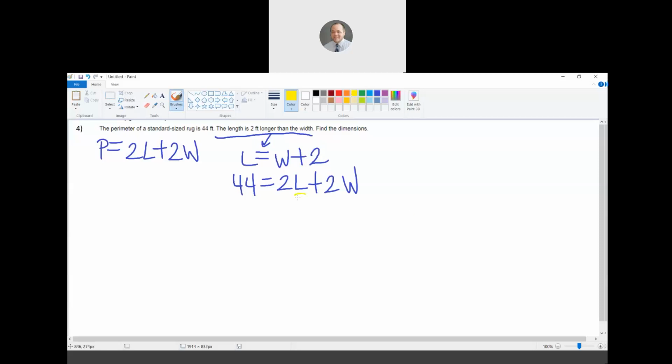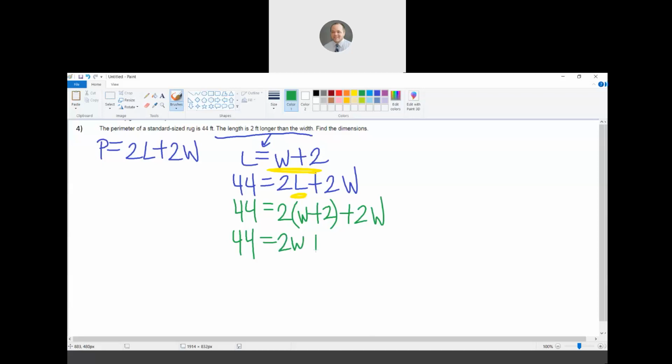So in the second equation, replace L with the expression W plus 2. And we get 44 equal to 2 times W plus 2 plus 2W. And just solve for W.